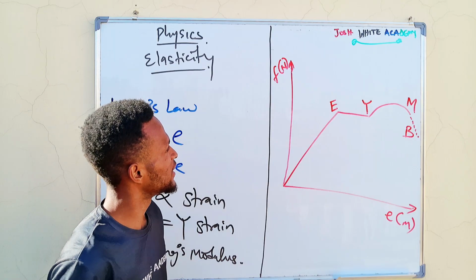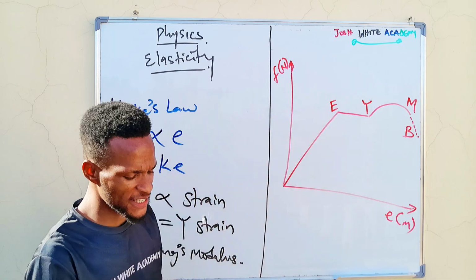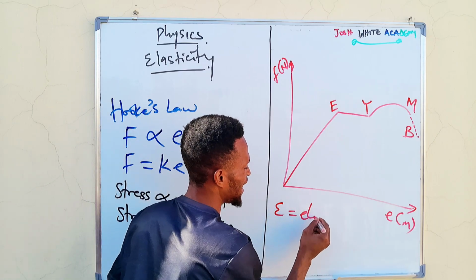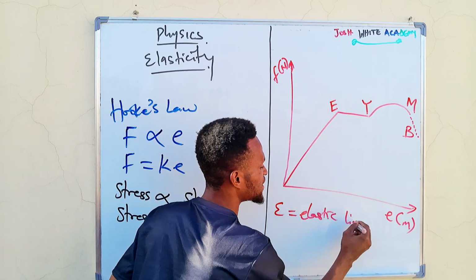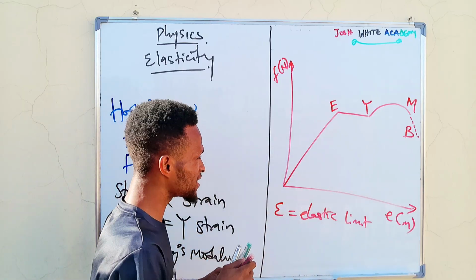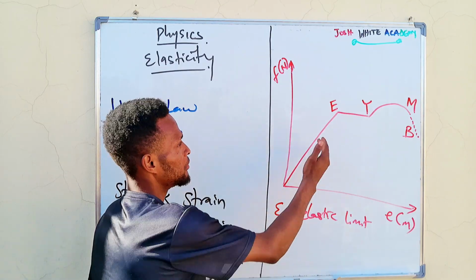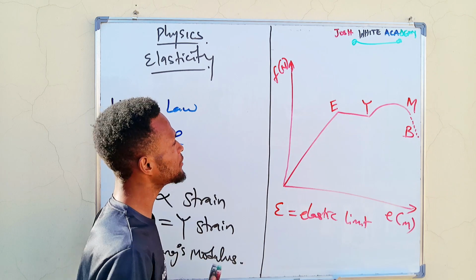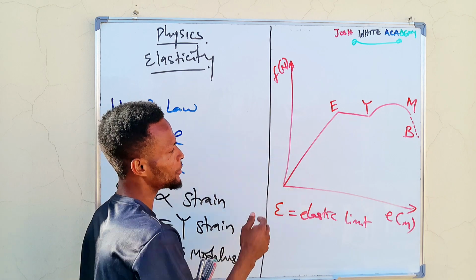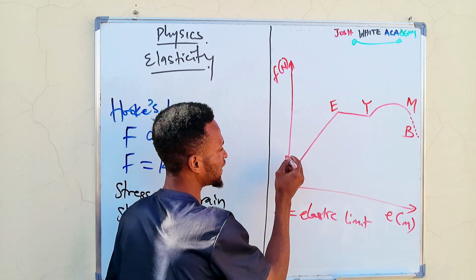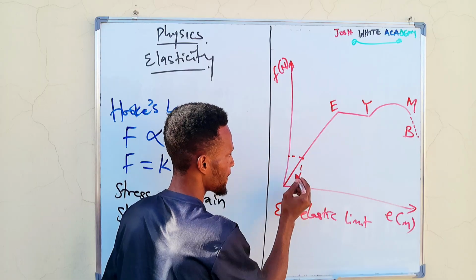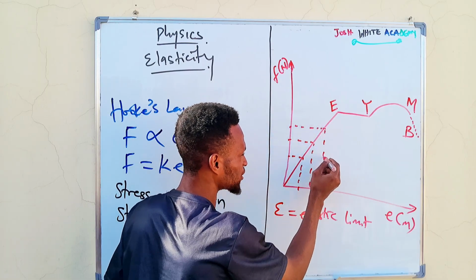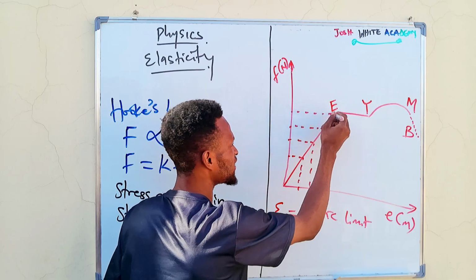Now, E here signifies what we call our elastic limit. At this point, between this point down, Hooke's law is obeyed. That means the more force you add, the more the extension. So the more you are increasing the force, the more the extension is increasing.